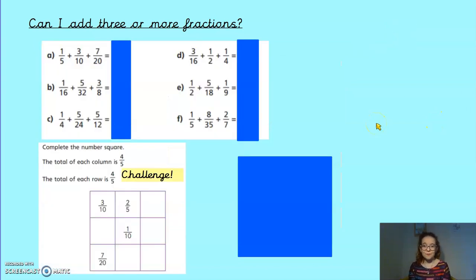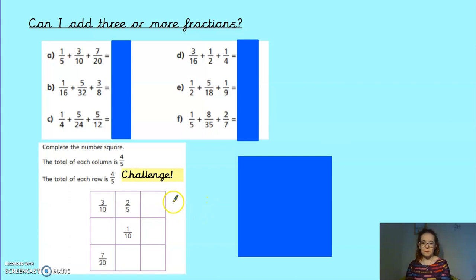Okay, here is some varied fluency for you to do today. Now there are additions of 3 fractions for you to crack on with. And then if you're feeling super confident, I have a number square challenge for you. What you need to do is work out what the missing fractions are to make sure that the total of each column and each row is 4/5.